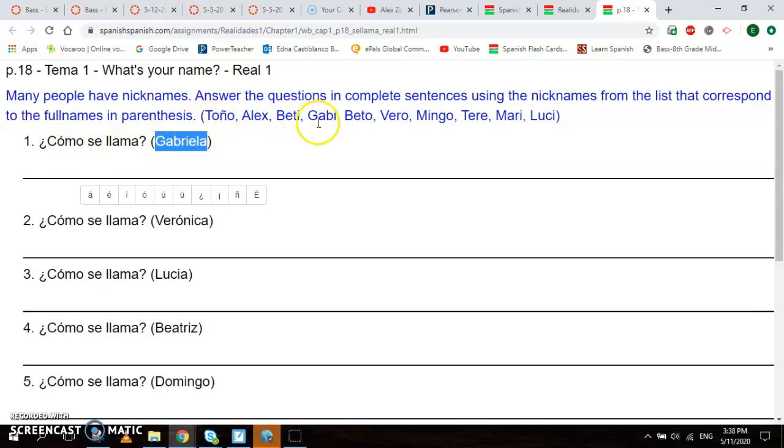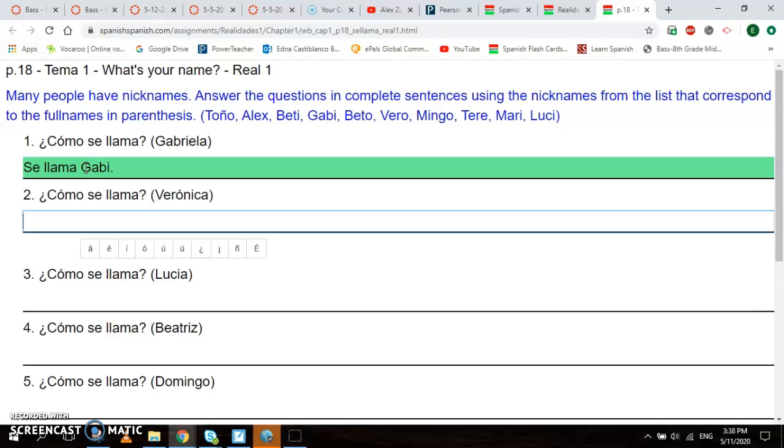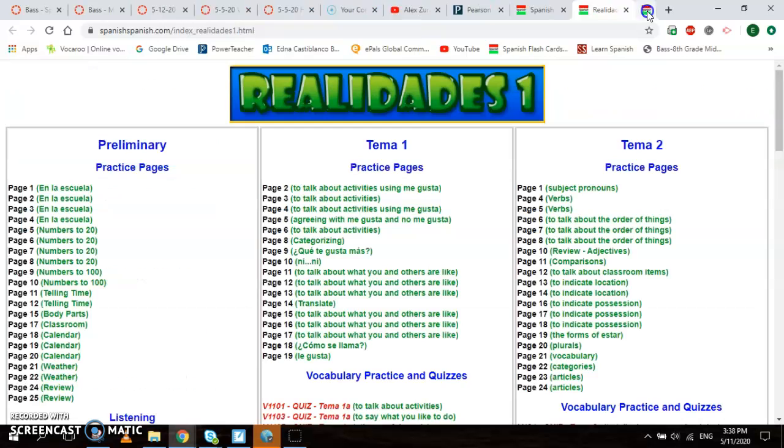So we're going to find among these words which one looks like that. I would say this one. So I'm going to answer Se, start with capital, se llama, and then I'm going to put Gabi there. And then period. And yeah, I got it right. So you're going to do the same with all these nicknames, matching these names. You're going to try to figure that out.